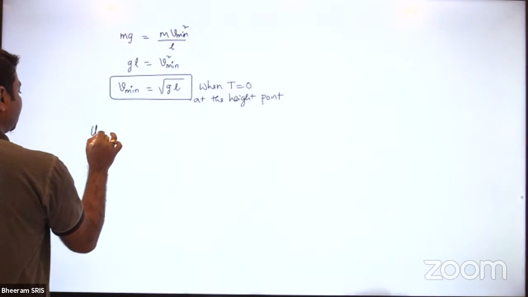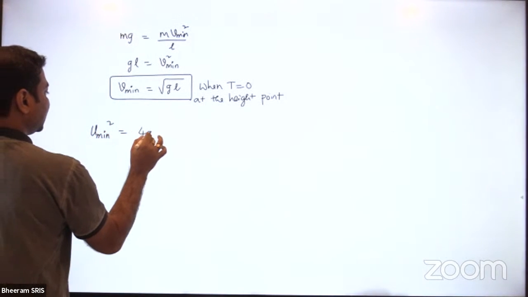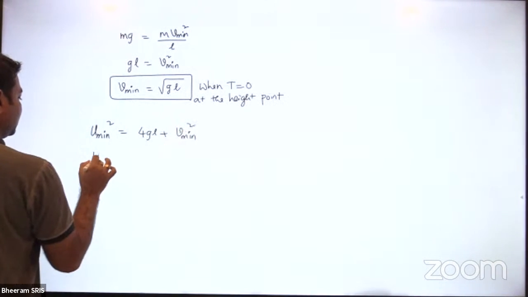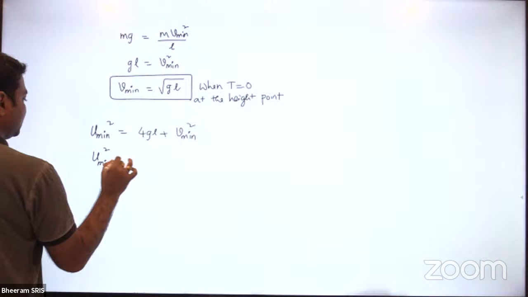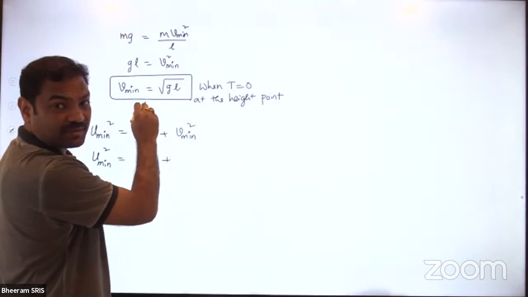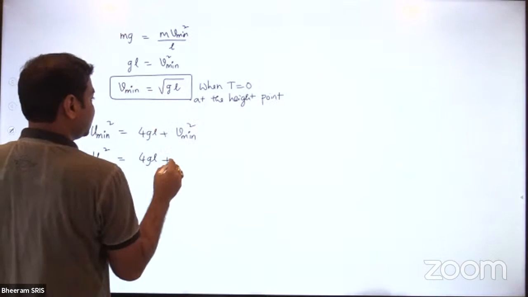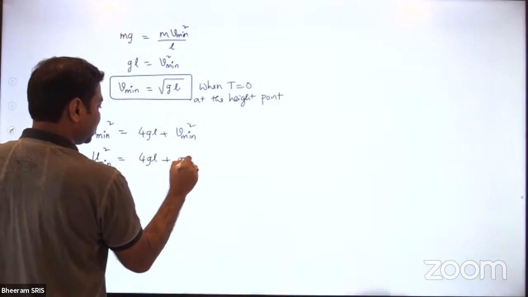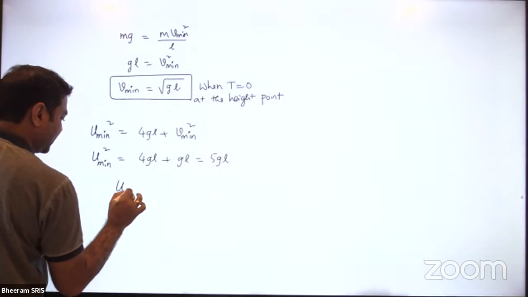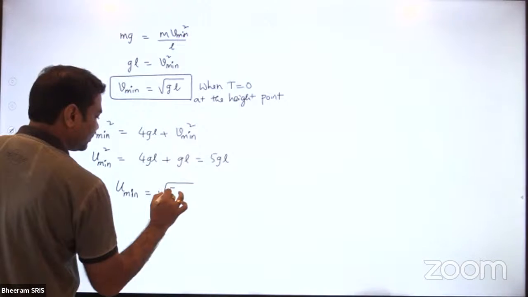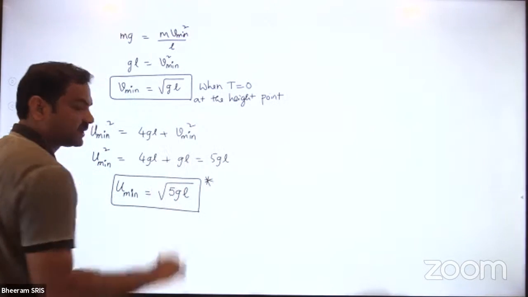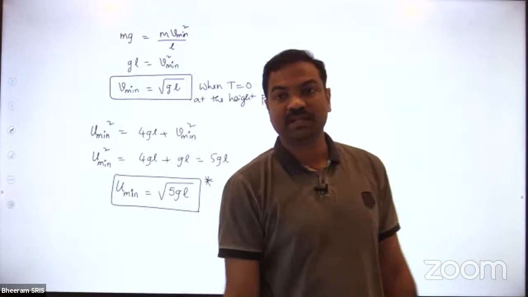So u minimum we can find out now by 4gL plus v minimum square, which is gL, so directly 5gL. So what is the minimum velocity required to complete the vertical circle? Root 5gL. That is the minimum velocity required to complete the vertical circle.